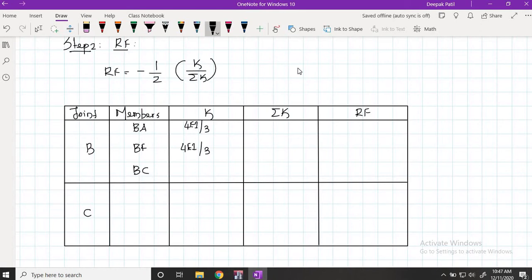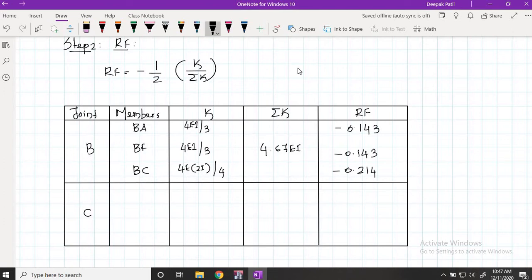And if you see BC, support C is an intermediate support, so it becomes once again 4EI over L. So 4E, but span BC has a moment of inertia of 2I divided by 4. Now if you sum all these three, you will get 4.67 EI, and you can calculate the rotation factor for each component using this formula. I have calculated them. Let me write that, minus 0.143.